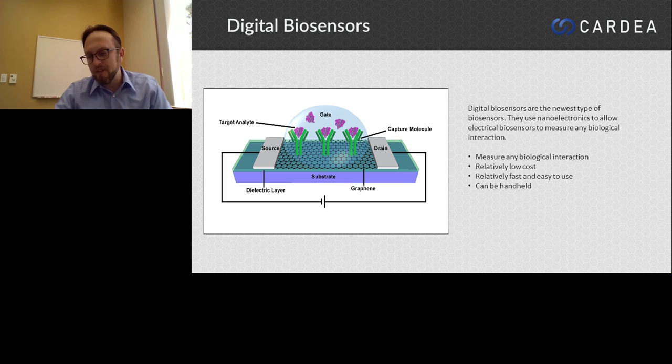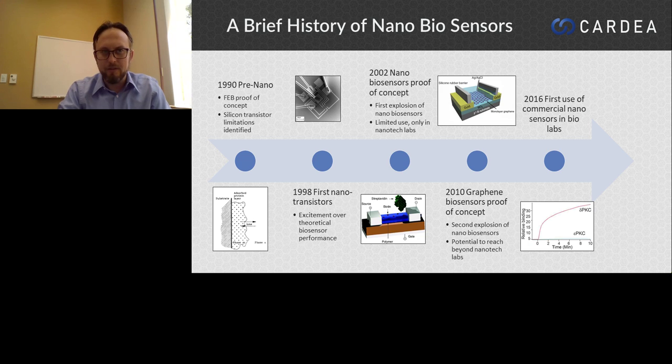And this may be actually the first real enabling technology created by the nanomaterial boom that started at the start of the 20th century. I am a nanotechnologist, so at this point I am honor-bound to give you a brief history of nanotech in this area. Around 1990 was when field effect biosensing, the technology that drives digital biosensors, was first demonstrated in a pre-nanotechnology world.